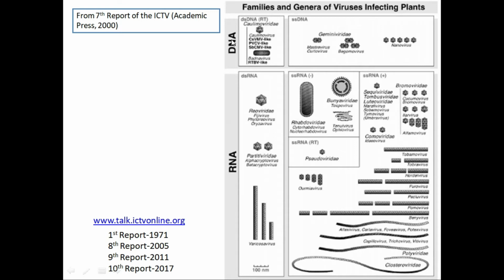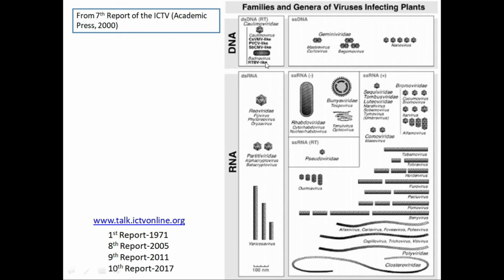And among DNA viruses, we have double-stranded DNA viruses, dsDNA. For example, Caulimoviridae is a virus family. Under this, we have a genus called Caulimovirus, cauliflower mosaic virus. Then we have rice tungro bacilliform virus, RTBV.